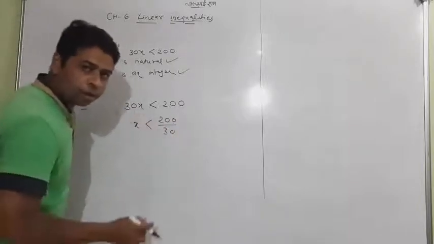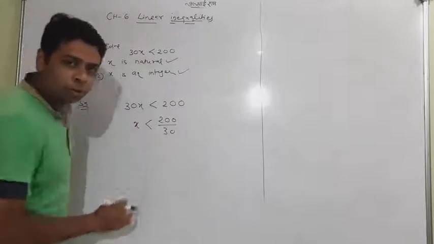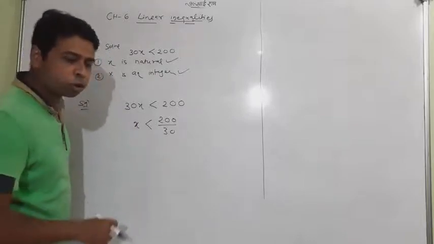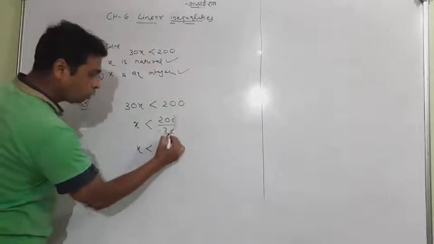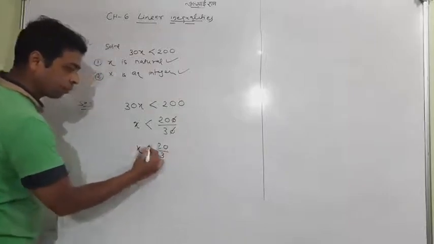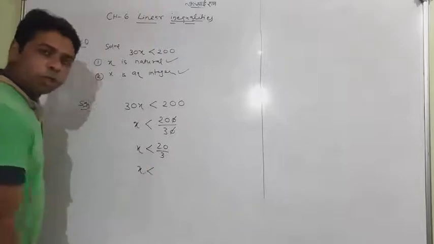We have divided by 30 on both sides. This language can also be used, but you can transfer 30 to the denominator. When you do, you will have 20 by 3. Now, what is the meaning of 20 by 3?